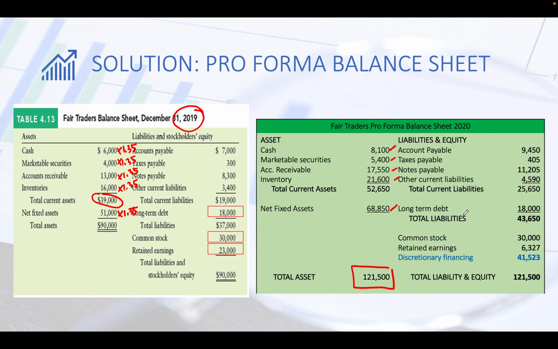Okay. Untuk bahagian liability dan equity pun sama. Kecuali yang ni, dan yang ni. Okay. Long term debt dengan common stock tak berubah. So tengok 18,000 dia remain 18,000. Common stock pun tak berubah juga. 30,000.